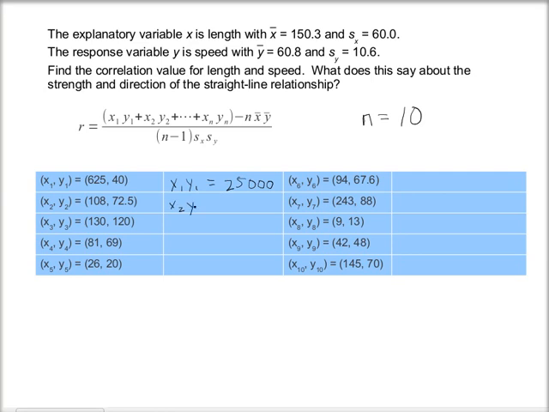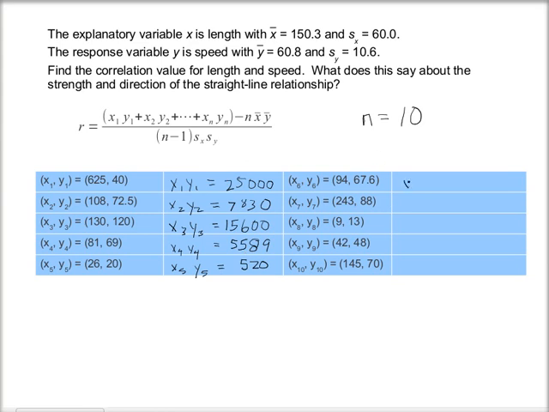Then x2 times y2 is 108 times 72.5, which is 7,830. x3 times y3 is 130 times 120 for the cheetah, and that is going to give me 15,600. x4 times y4 is 81 times 69, which is going to give me 5,589. x5 times y5 is 26 times 20, and this is for the squirrel, which is going to give me 520.